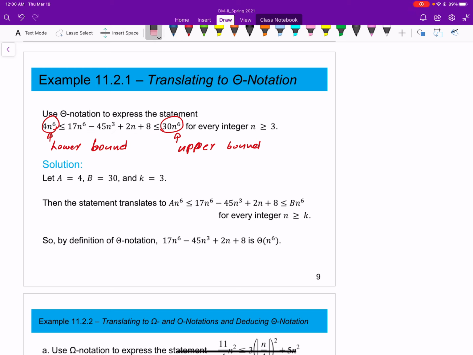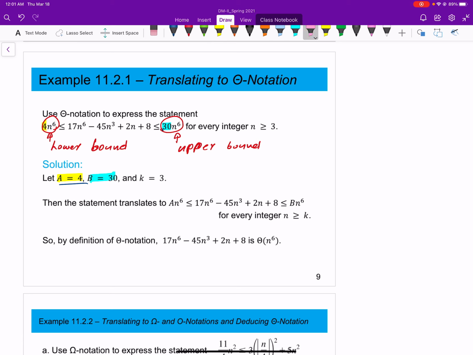All right, so let's go forward. In the solution, I initialize a as 4 because 4 is right here. So a is 4. I initialize b as 30 because 30 is right here.